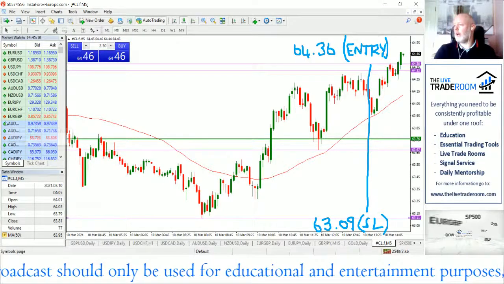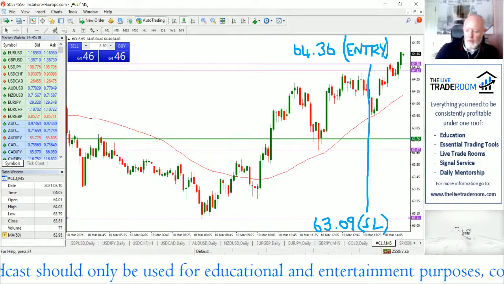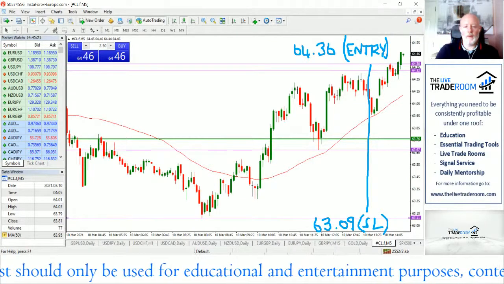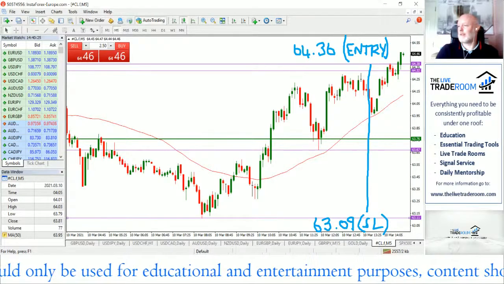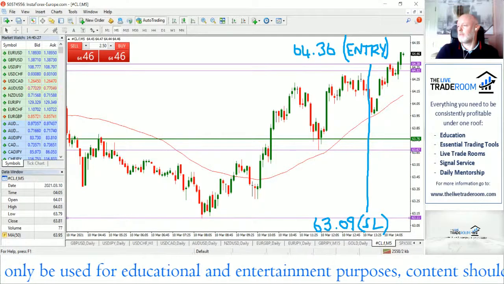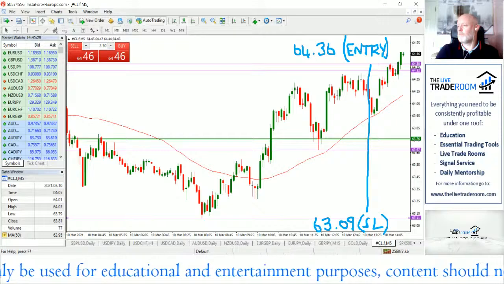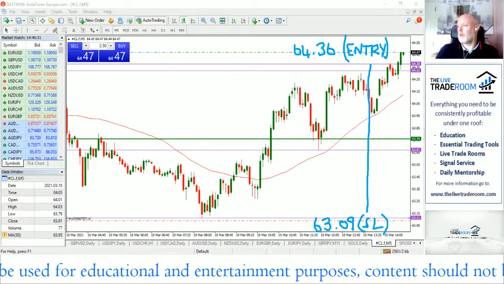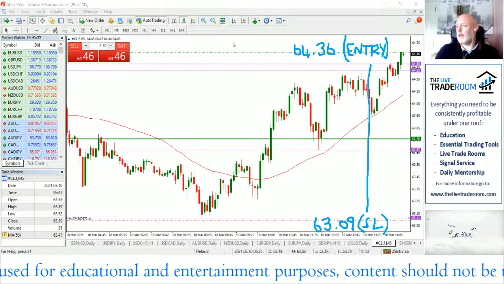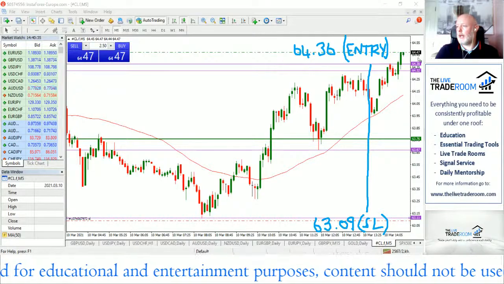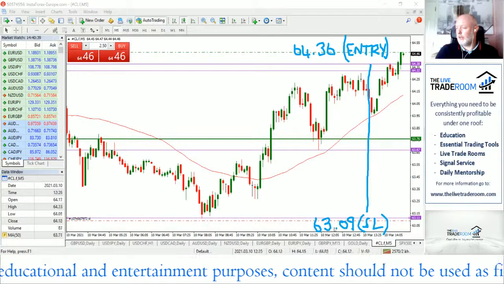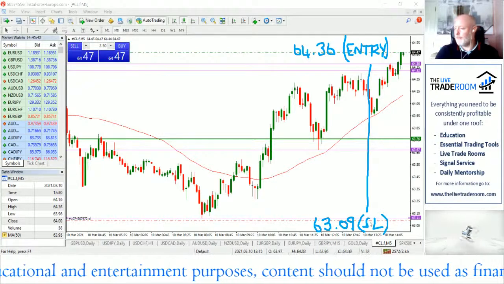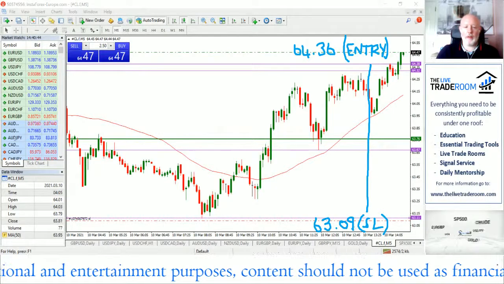Okay, let's get into that trade. So there is an entry in here at the 64.47 with a stop loss just below that. Well, it's actually at the 63.09 level.